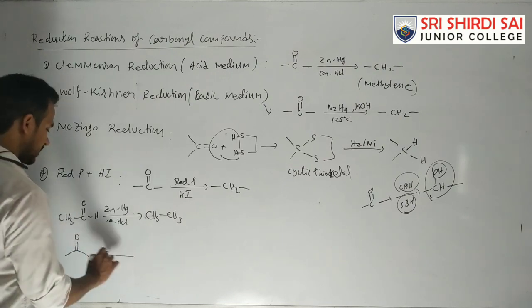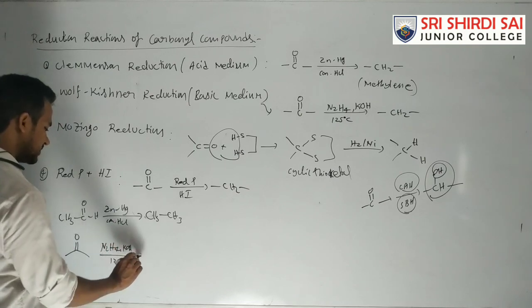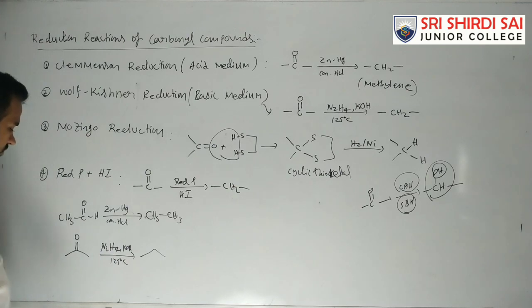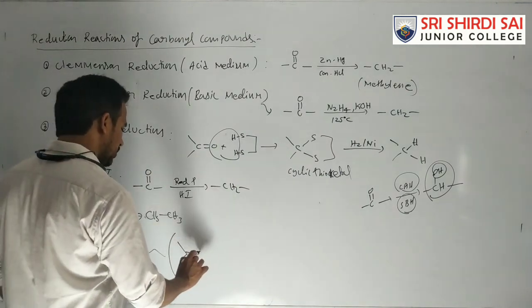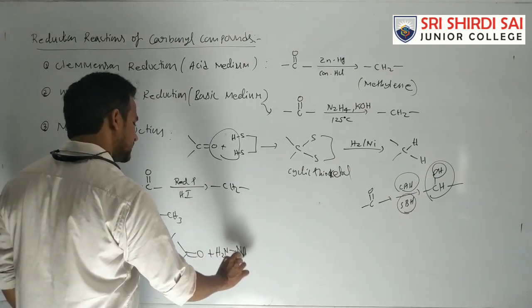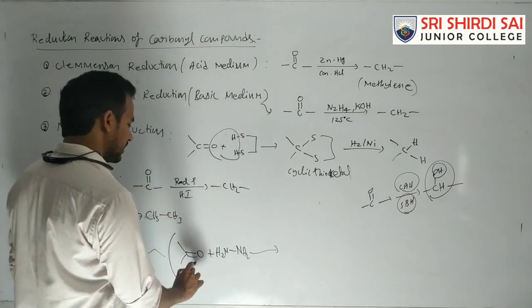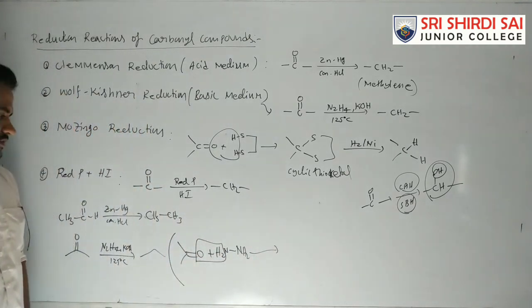Suppose this is acetone, treated with N2H4 and KOH at 125 degrees centigrade. That is converted to propane. So generally in this reaction, first of all, the acetone reacts with hydrazine. You are familiar with this reaction of ammonia and its derivatives.